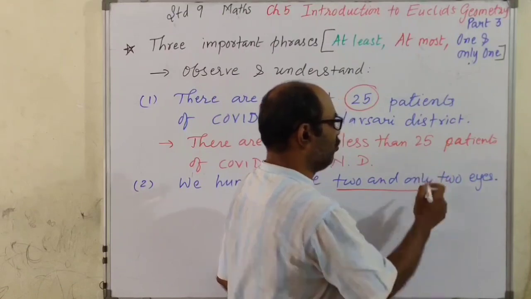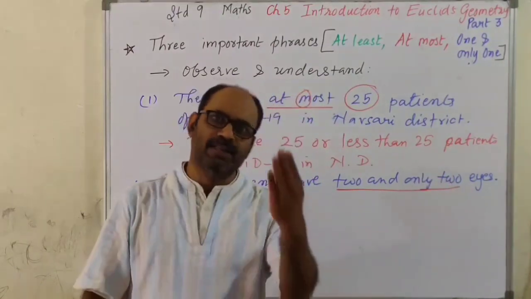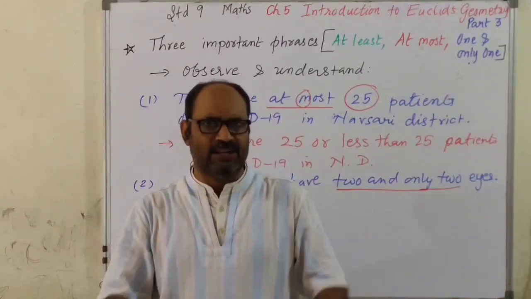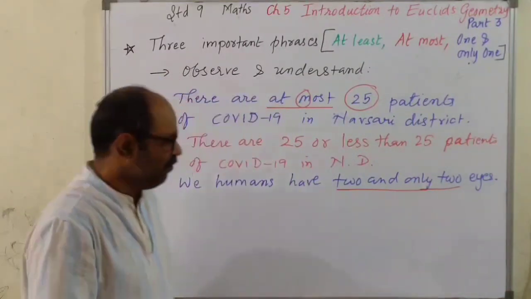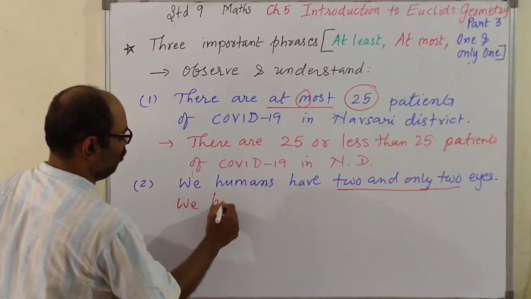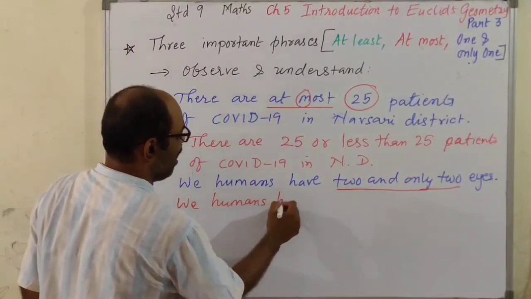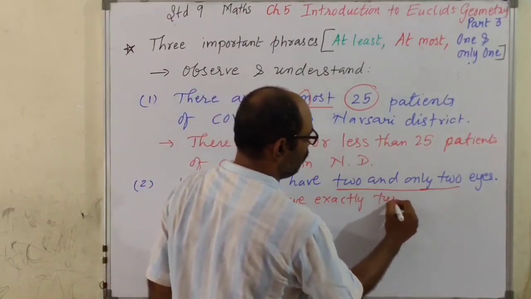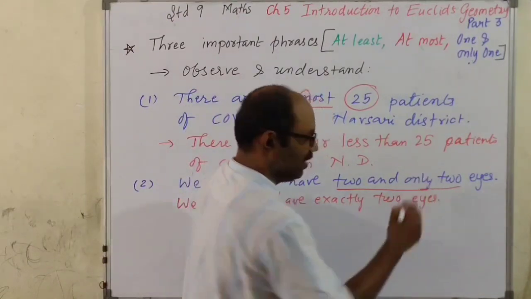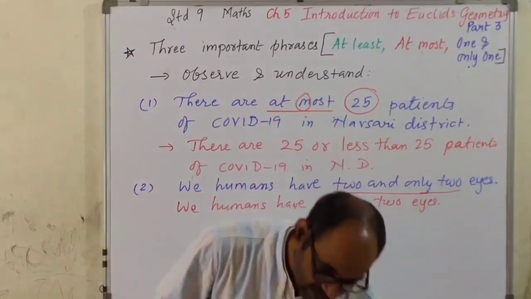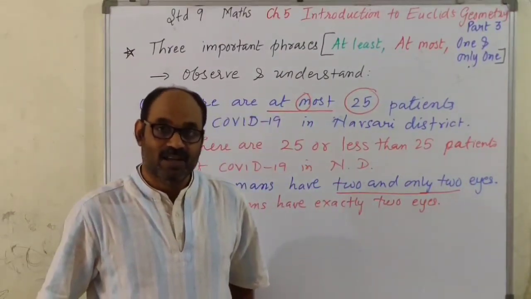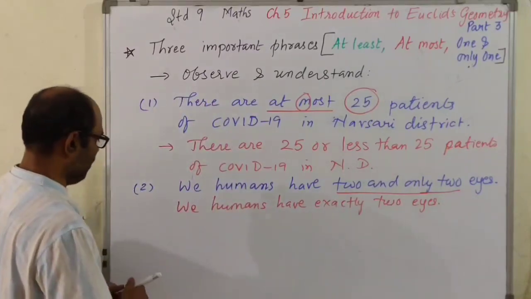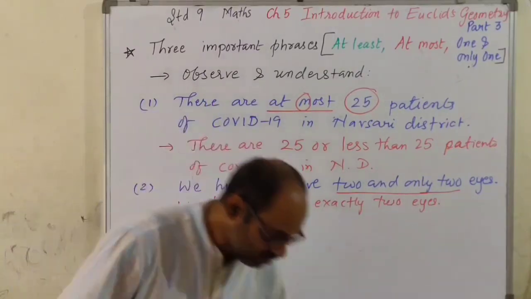That means exactly two. Not more than two, not less than two. Exactly two. Finished. We humans have exactly two eyes. Is that clear? Sure? Fine. Next statement. Third.